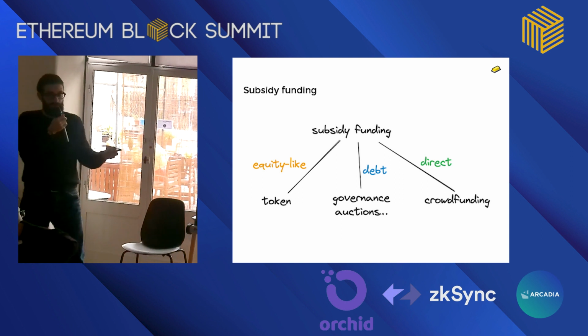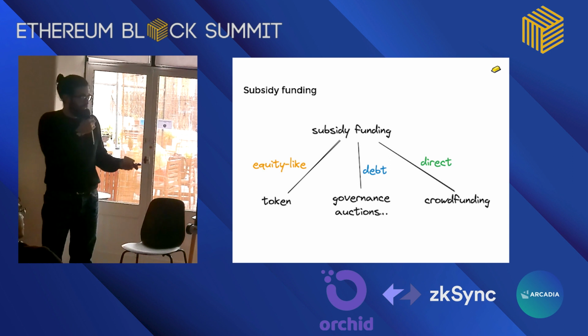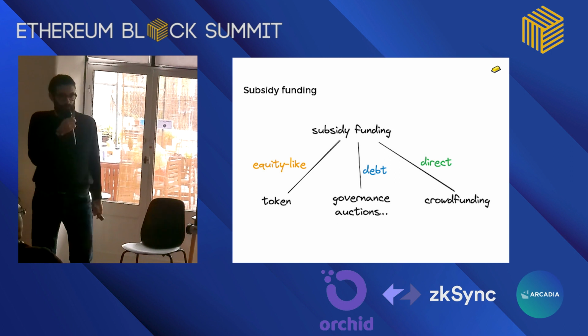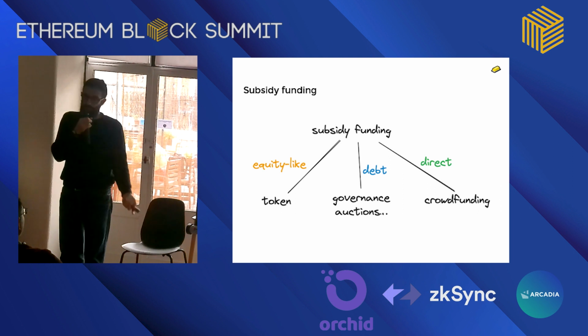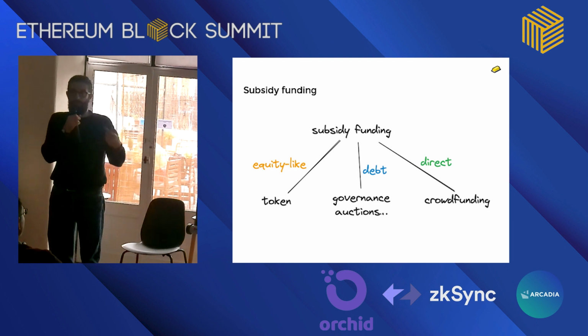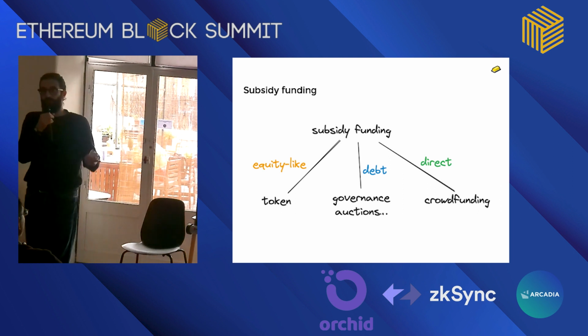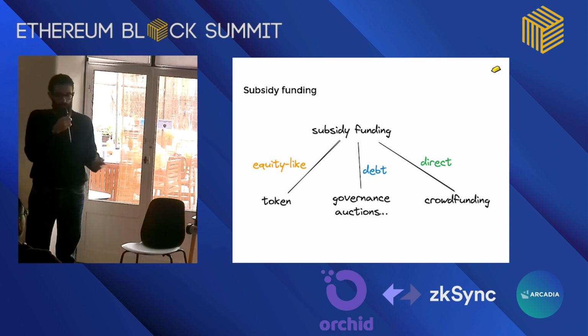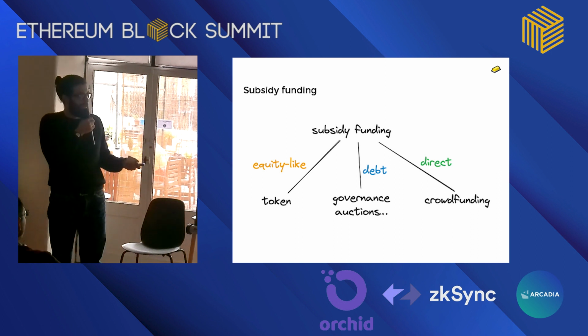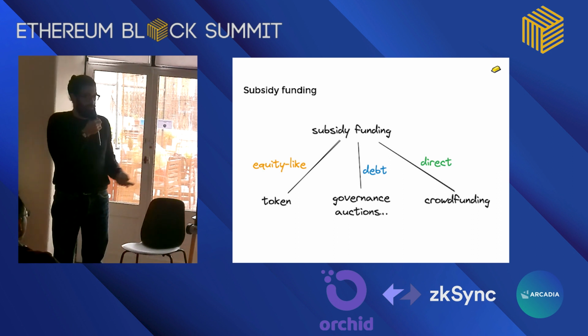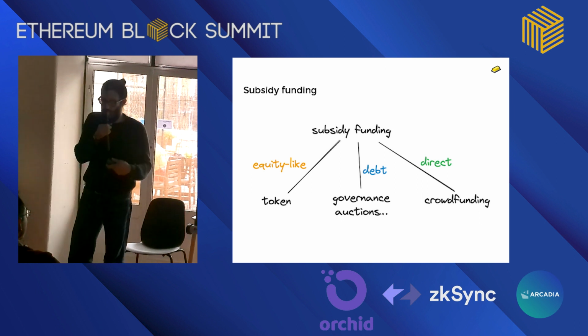So you sell them and you get some money. Debt is, you can imagine the second AMM raising debt and repaying this debt with a governance mechanism which produces returns. So auctions, I will go into some of the options there, and or directly crowdfunding. So the idea is LPs basically will pay for that.